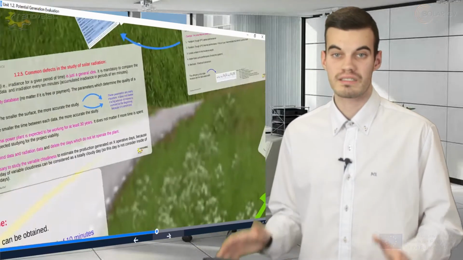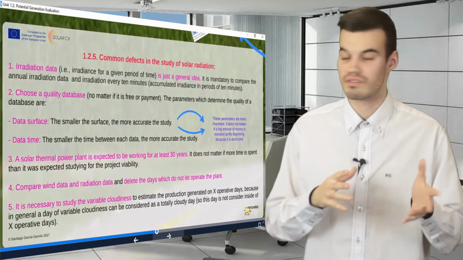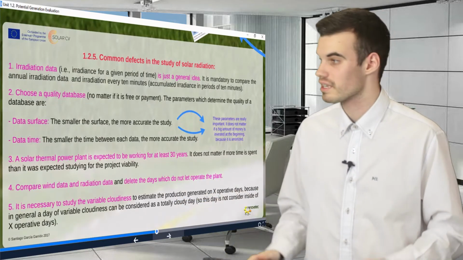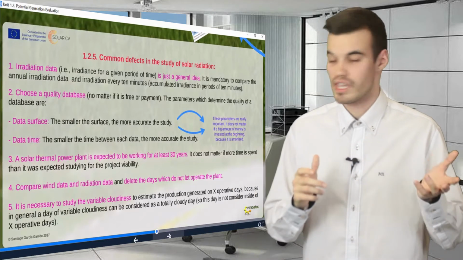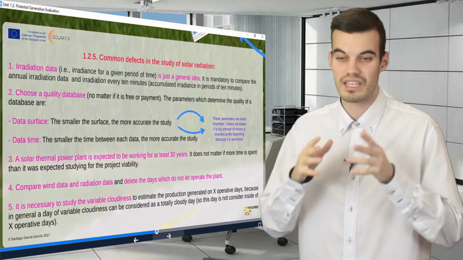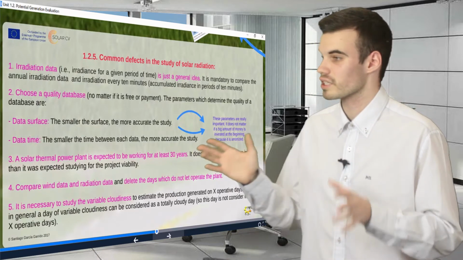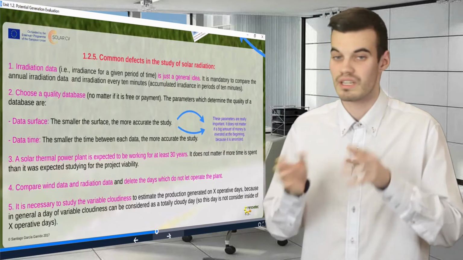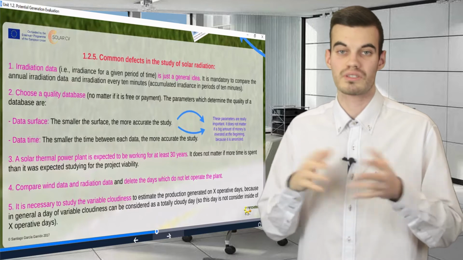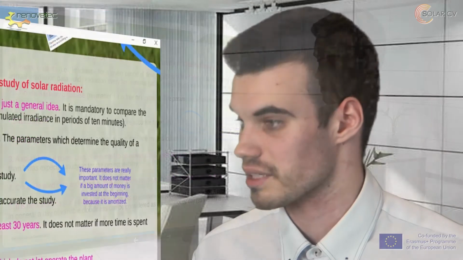However, we must define some concepts that we must not take into account in a solar study because there are some defects. Although we have some irradiation data, this is just a general idea because it's mandatory to compare the annual irradiation data and irradiation every 10 minutes. It's pretty obvious that irradiation every 10 minutes is going to be more accurate.